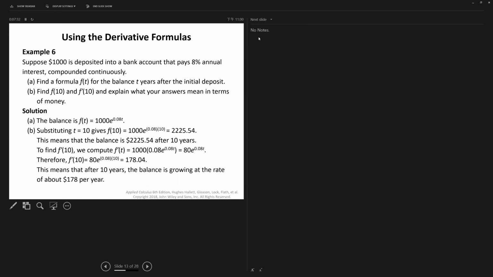First we need to write out the formula for continuous compound interest, which is A equals P times e to the rt. This total is going to be our function. So f of t is 1,000, since we started with $1,000, times e to the rt, where r is 8%, which is 0.08t.